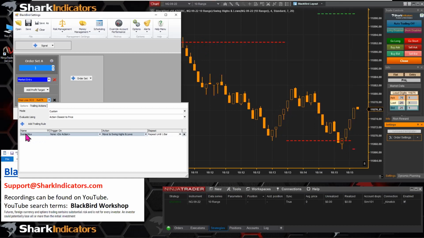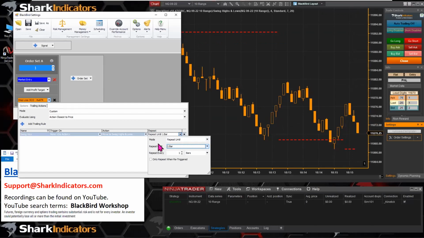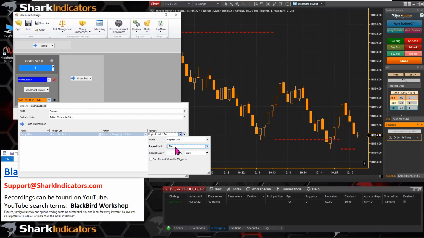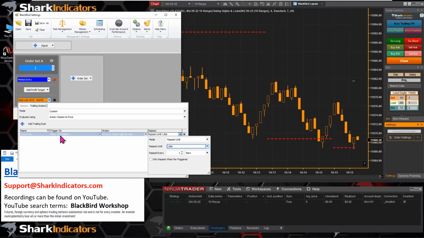BlackBird will try and execute this trailing roll, but then eventually it's going to check the repeat here, and figure out that this trailing roll is only valid for 1 bar, and then after that, this trailing roll is basically dead, right? It's disabled after 1 bar there.